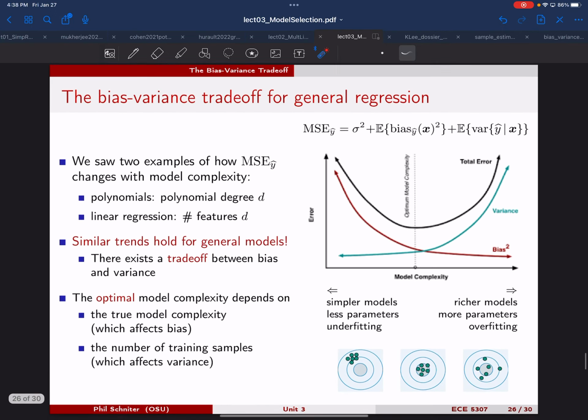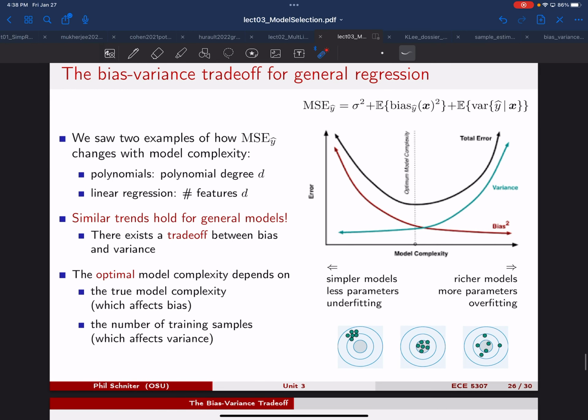Okay. And so this is kind of just a slide that puts in a picture what I've been telling you the last few minutes. So, we've been looking at polynomial and then linear and so on, but these kinds of things apply in many, many different machine learning problems that might be more complex than polynomial or linear.